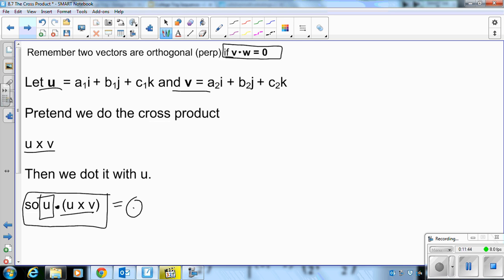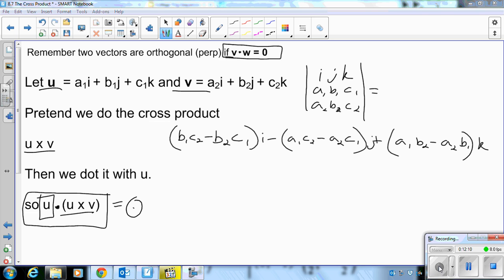So if we take the cross product, we need to set up the matrix that we have I, J, K. We have A1, B1, C1, A2, B2, C2. I'm going to go ahead and do the algebra here, pause it, and check back in. Why don't you try the same?